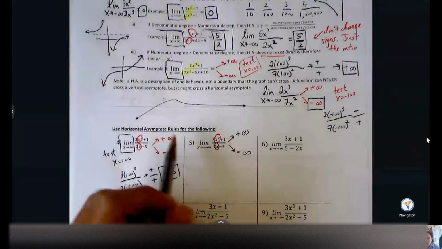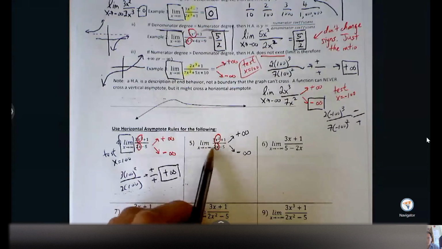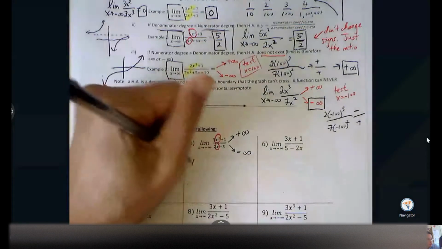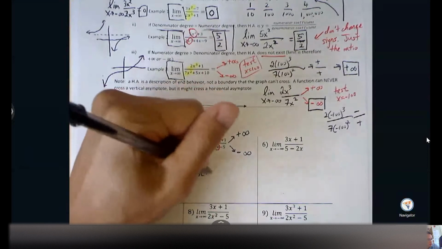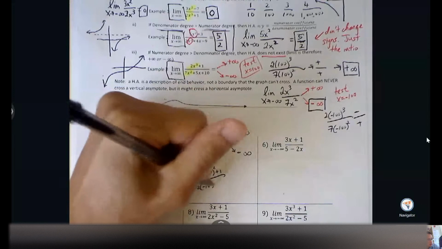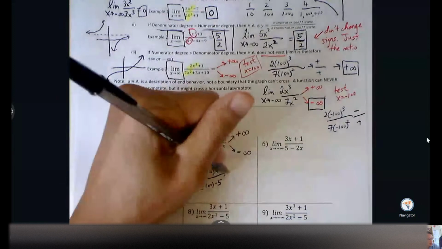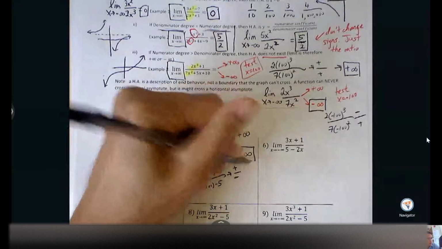We want to choose a number in the direction that we're headed towards. We're exiting the graph to the left. So a number that represents it is negative 100. So I get a positive over a negative, which is negative, so negative infinity.